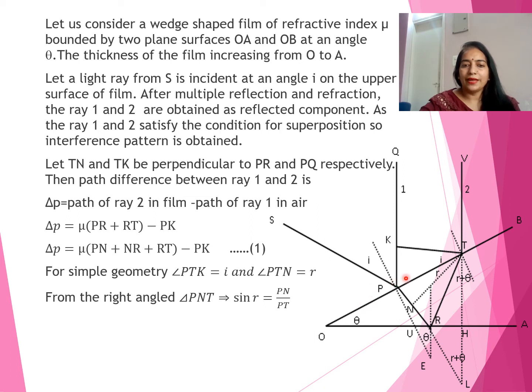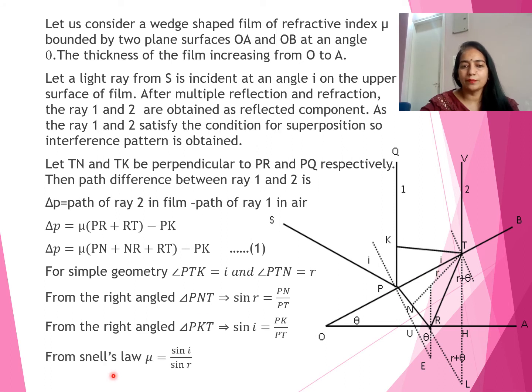Now apply sin R in triangle PTN and sin I in triangle PTK. So sin R equals PN upon PT. Similarly, sin I equals PK upon PT. From Snell's law, mu equals sin I upon sin R. Put the values of sin I and sin R, and PT cancels out.